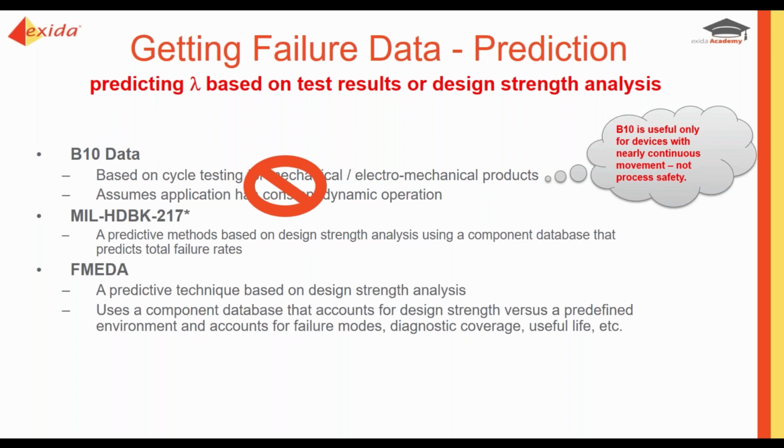Once again, it's using a component database that predicts the total failure rates. And actually, the FMEDA process uses a component database that can incorporate the MIL Handbook 217 in it as well. So you could incorporate both the bottom two prediction techniques.